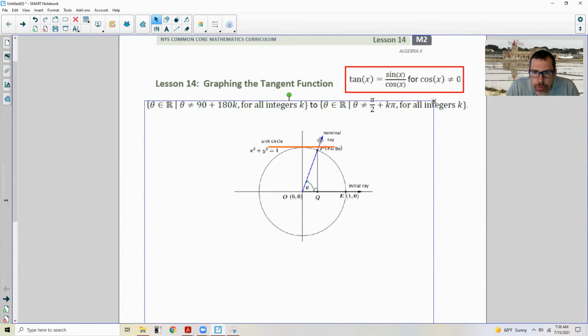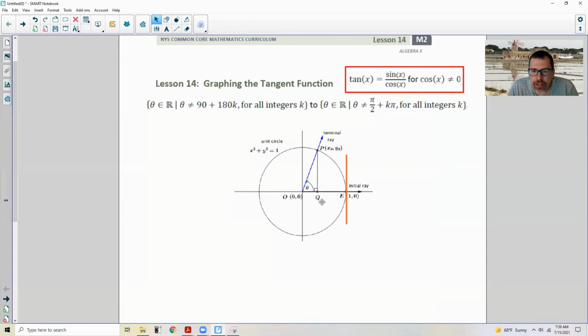So in other words, if the terminal ray were up here, it is perpendicular. So if the tangent has a slope of 0, the terminal ray being perpendicular would have a slope of undefined because it's vertical. And over here, if the tangent had a slope that's undefined and the terminal ray is perpendicular, then the terminal ray has a slope of 0.